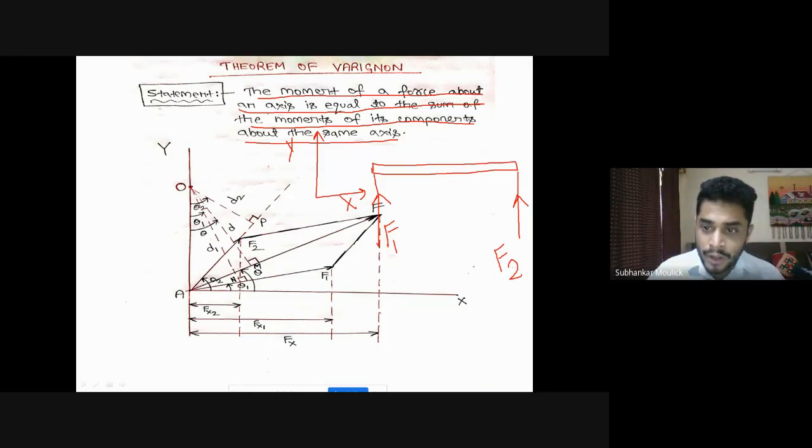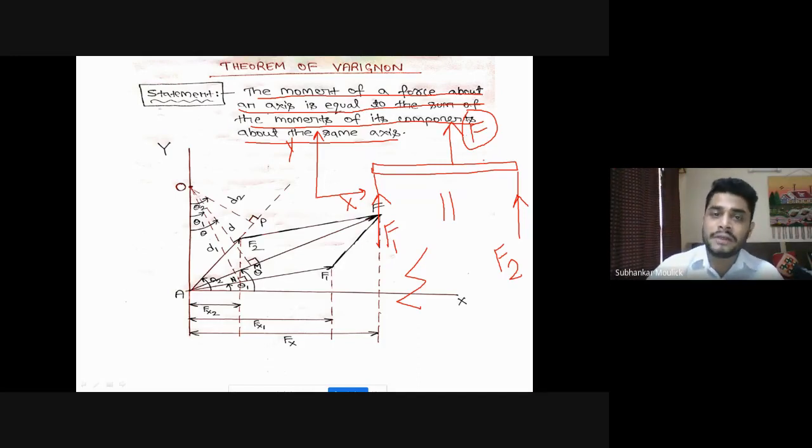The resultant of F1 and F2 is, say, F. F is nothing but the resultant of forces F1 and F2. Then according to this theorem, the moment of this force at any point in the body will be equal to the summation of the moments of the components of this force.